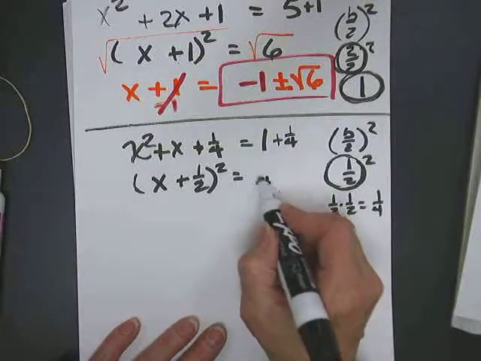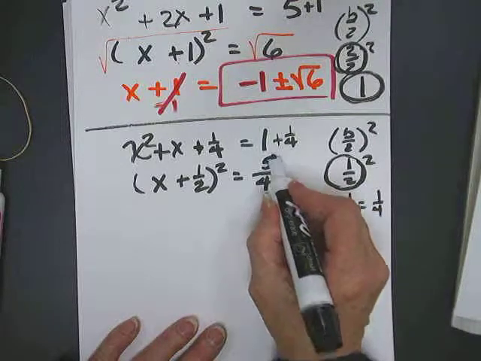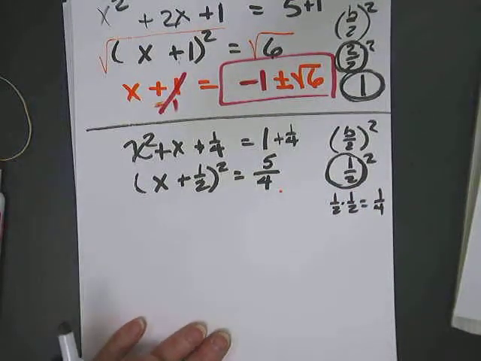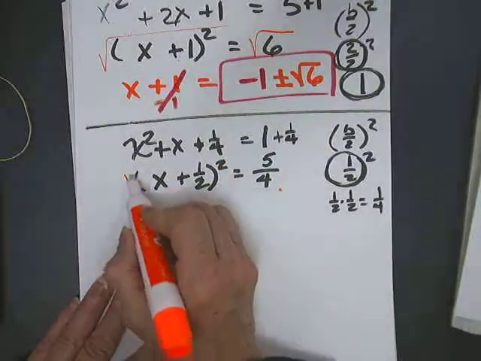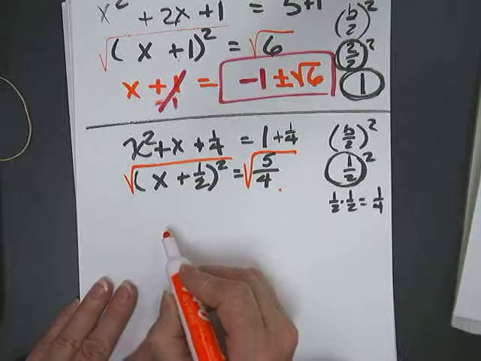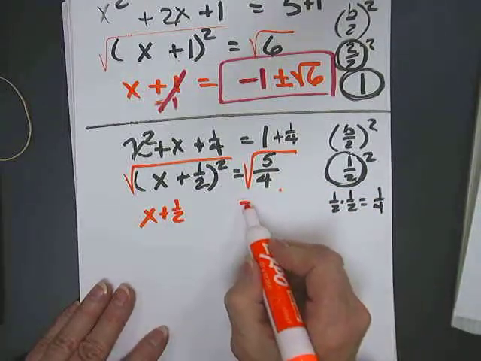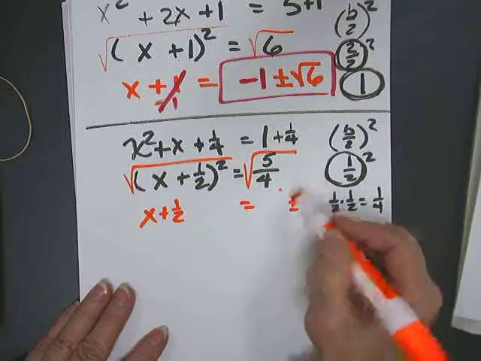See, this was 1. That's what went there. They both need to be positive to give a positive 1. 1/2 plus 1/2 gives you 1. And make this into a mixed number. 1 1/4 is how many fourths? 5 fourths.